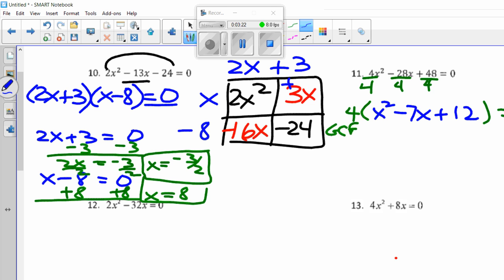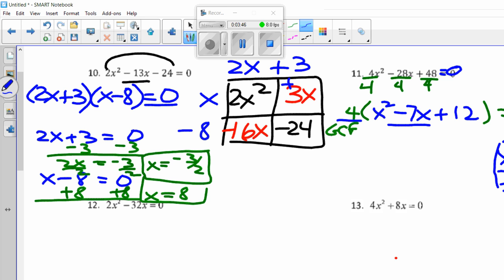All right, and then now, well, 4 cannot be 0. So I don't have to worry about that as far as solving goes. I'm going to factor these guys. So I've got x squared. I want numbers that multiply to be 12, and they're going to add up to negative 7. So that would be negative 3 and negative 4, right?